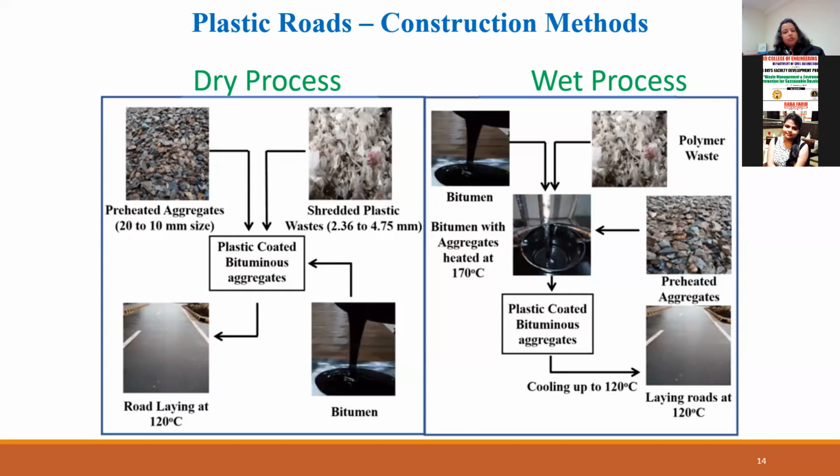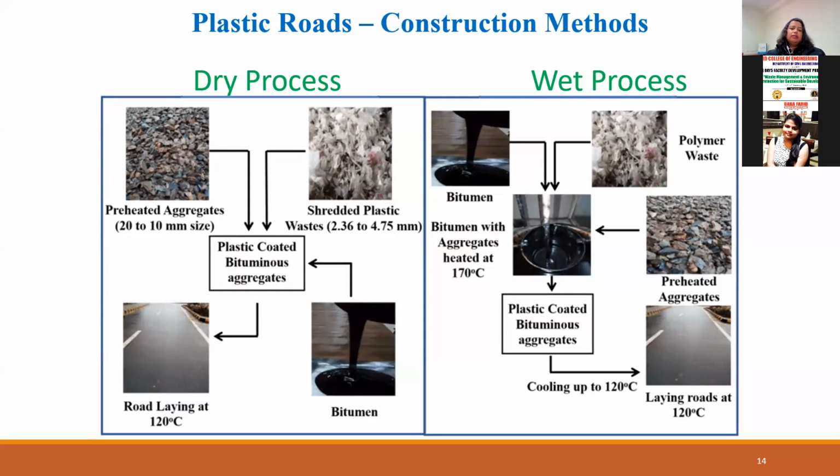Very rarely do people go with the wet process. There are few applications involved in the wet process, and the research is in the evolutionary stage. So the maximum research that has been done till now, and the maximum ease of execution of making these mixes, is associated with the dry process.